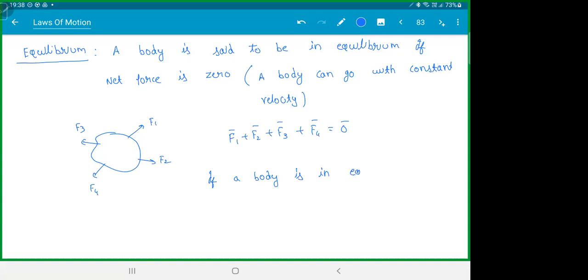If a body is in equilibrium, the components of forces in any direction cancel out. They should cancel out. If they don't cancel out, it means the body is going in that direction. It doesn't make sense. Let's see a few problems.